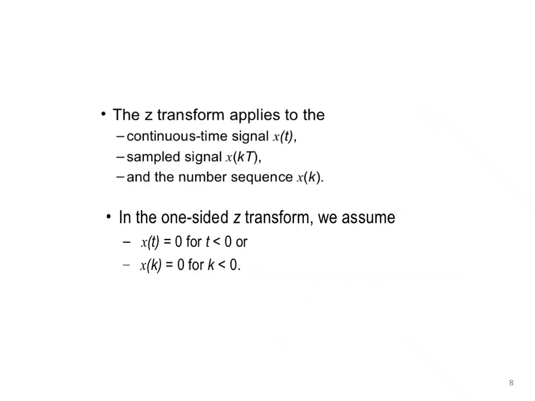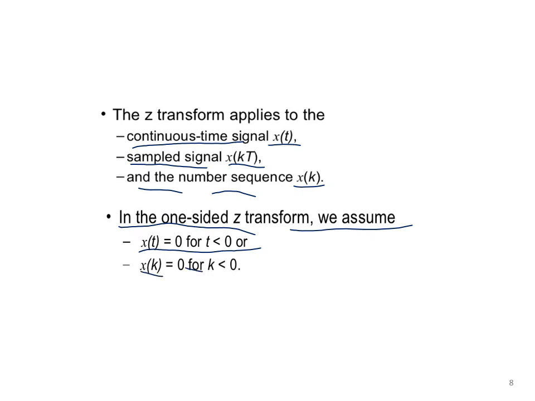The z transform applies to a continuous time signal x of t, a sampled time signal x of kT, and the discrete response x of k. In the one-sided z transform, we assume that x of t equals 0 for t smaller than 0, or x of k equals 0 for k smaller than 0.